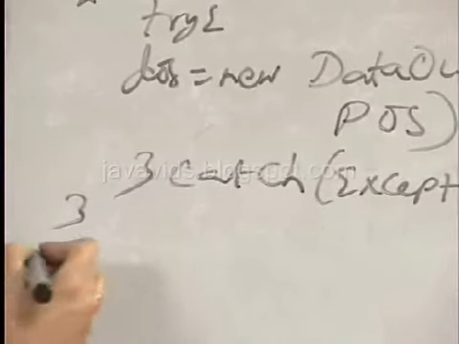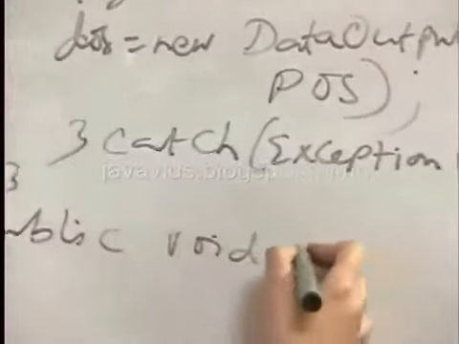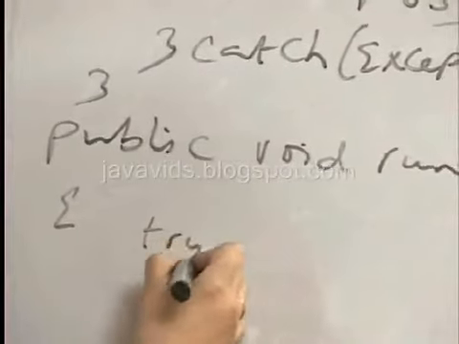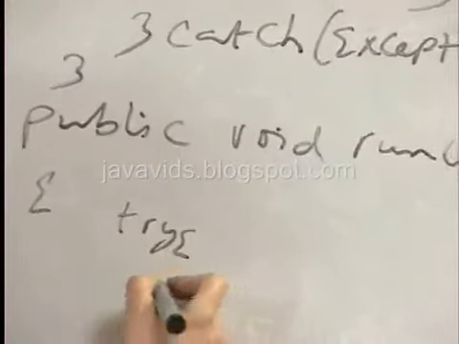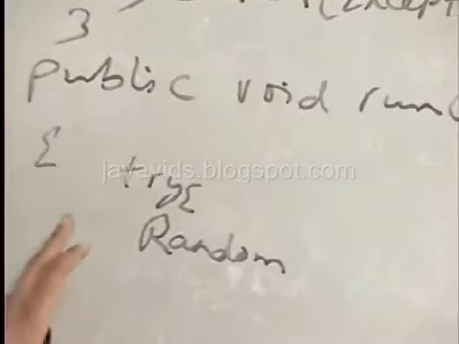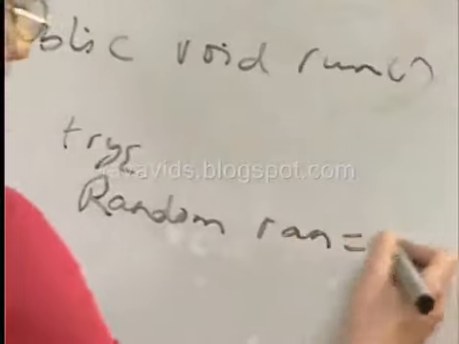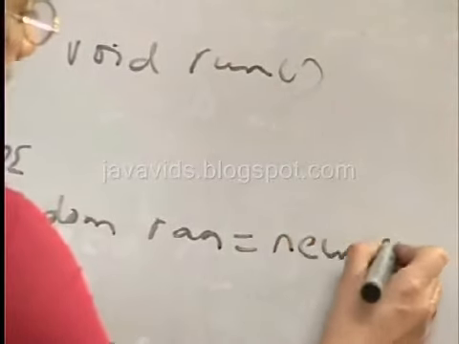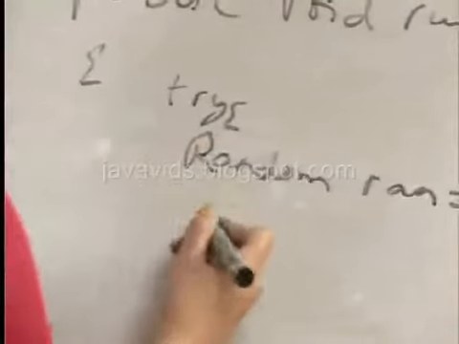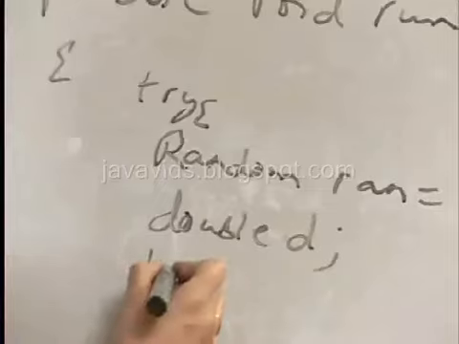We need to override the run method. It is in the run method where we generate the random number. So we'll have Random. Random is a class in the util package, so you need to import java.util here. Random ran is equal to new Random, and double d.